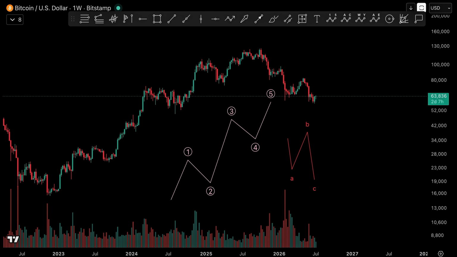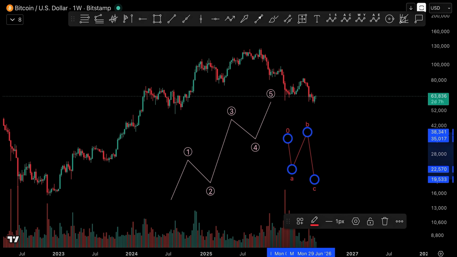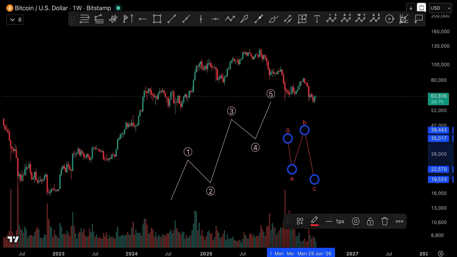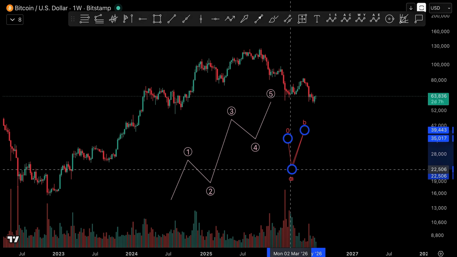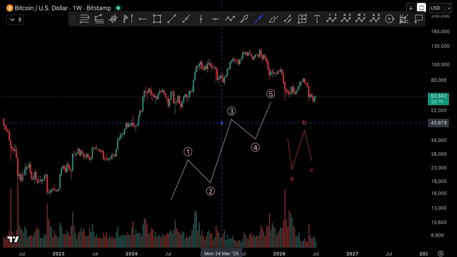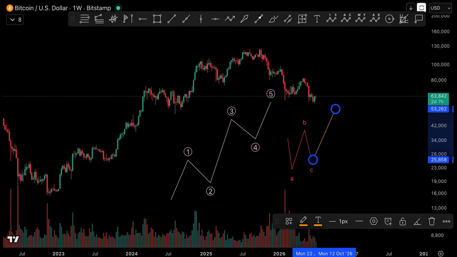And then comes the running flat, where B is a similar move. It can come up and take out this high, and then the C never comes down here. So it finishes over here, and then the price moves up higher from here.